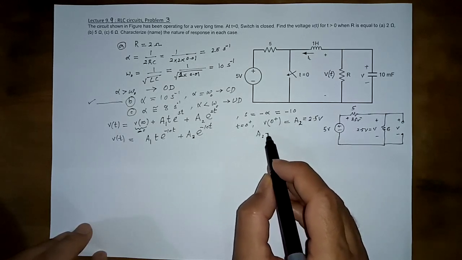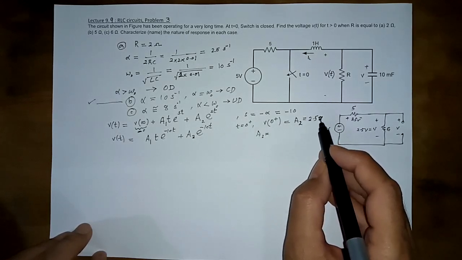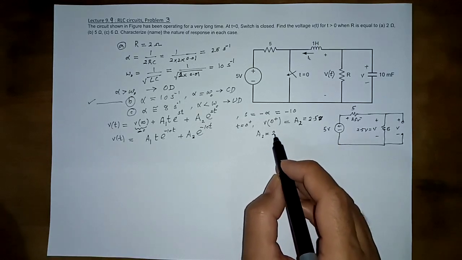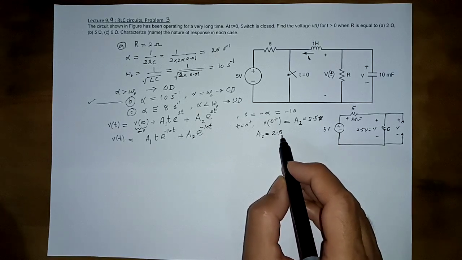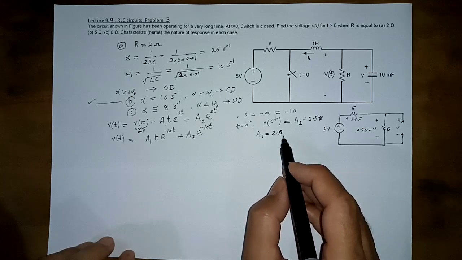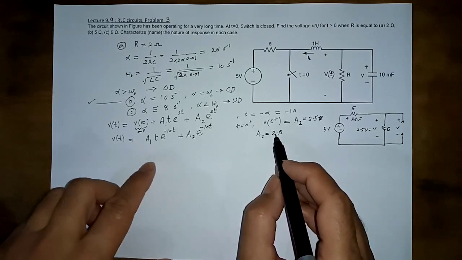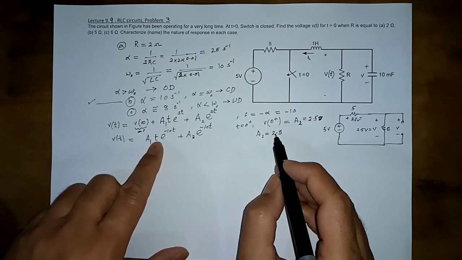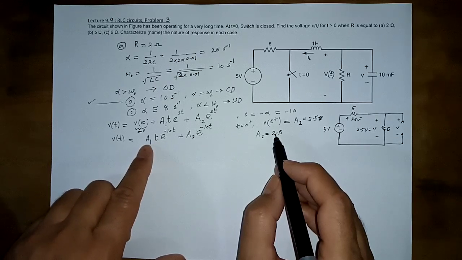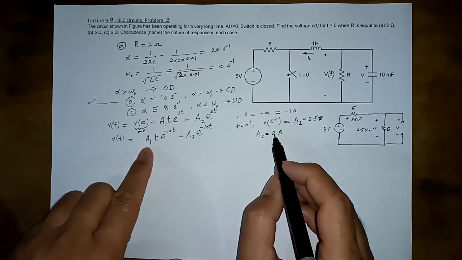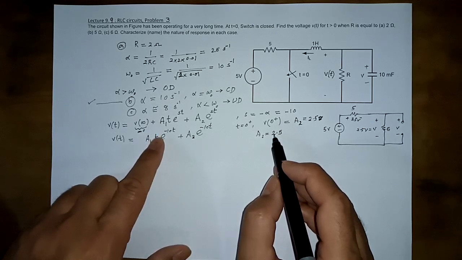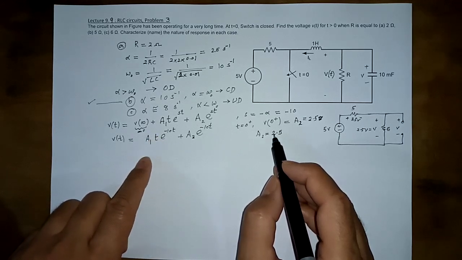A2 is equal to 2.5. Let us ignore the units here because these are treated as constants, although they are not dimensionless constants but carry dimensions. In fact this A1 does not have the dimension of voltage but voltage over time, volt per second, because this has dimension of seconds, and the seconds are going to cancel out.